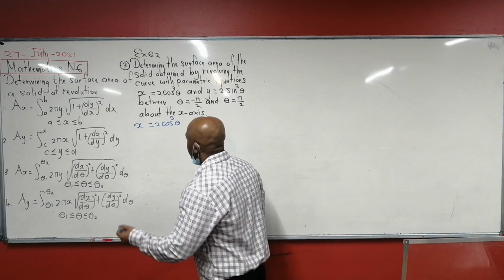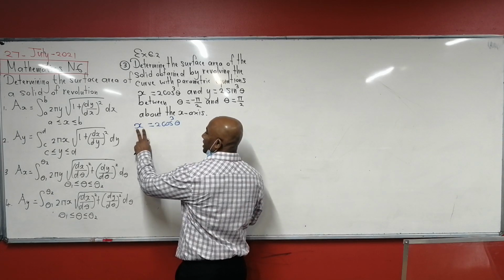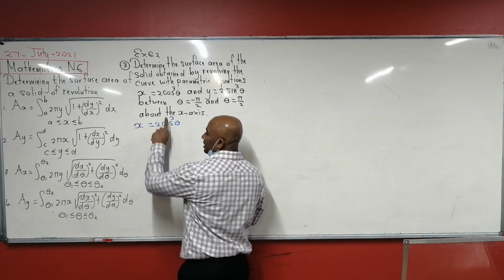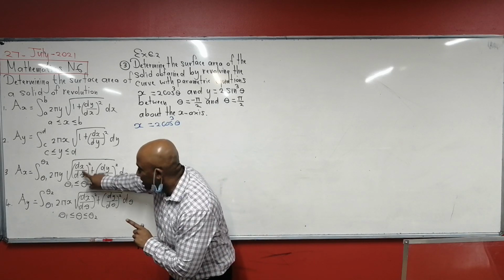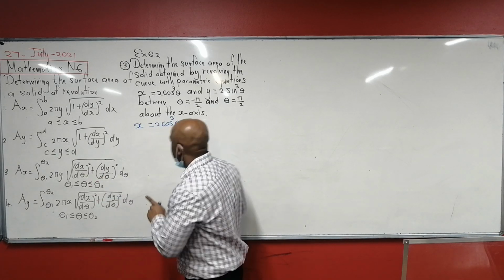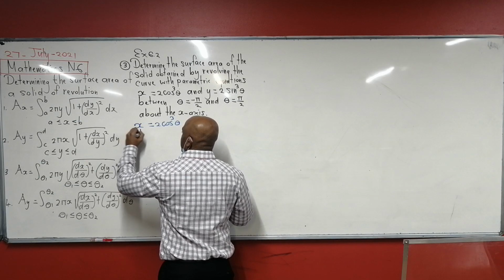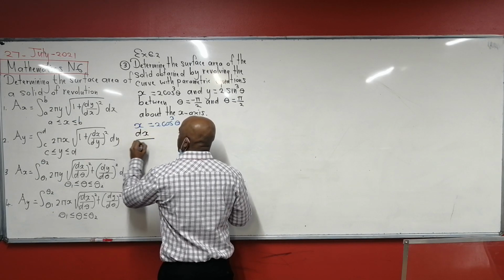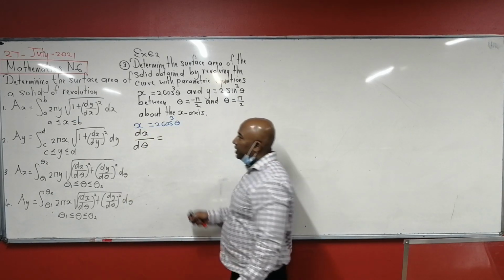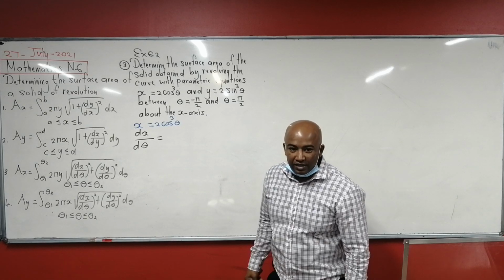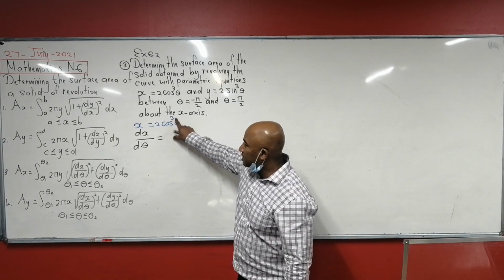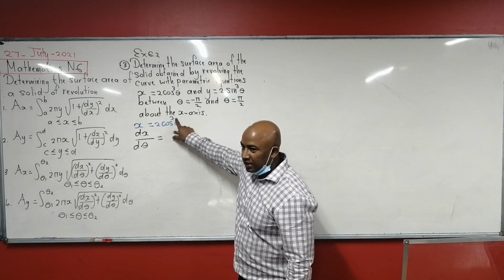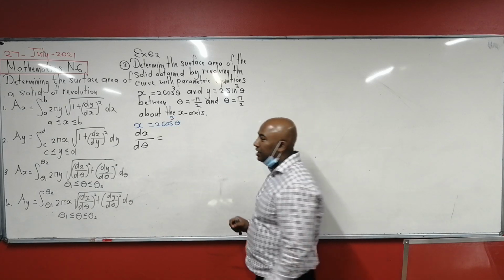Now, here I have x is equal to 2 cos to the power 3. What must I do? I need to find dx over d theta. So how do I differentiate something like this? I have an exponent, which is a number, so I use the chain rule.